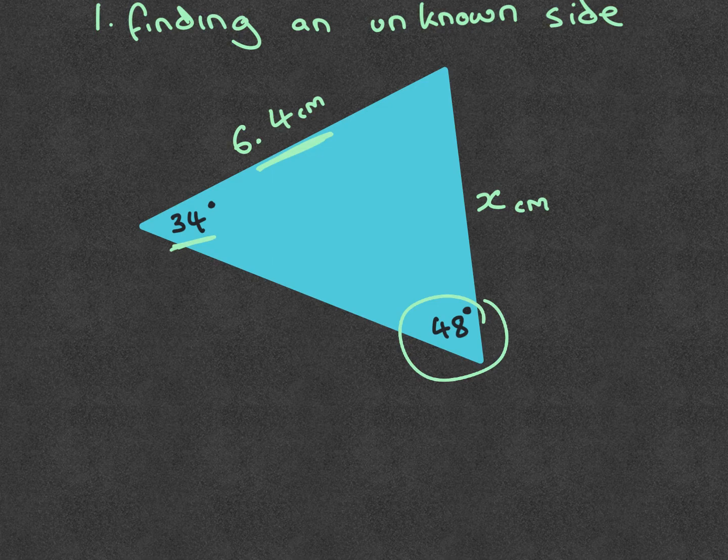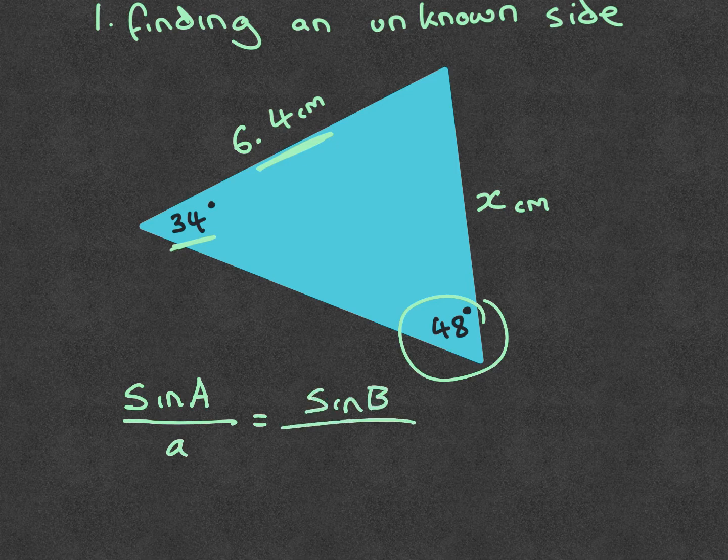So remembering that our sine rule says that sine A over a equals sine B over b, where the capital letters here are our angles and the lowercase letters here represent our sides. So the first thing that we can do here is actually label our triangle a bit so we know what we're talking about.